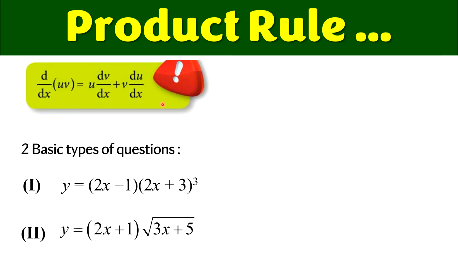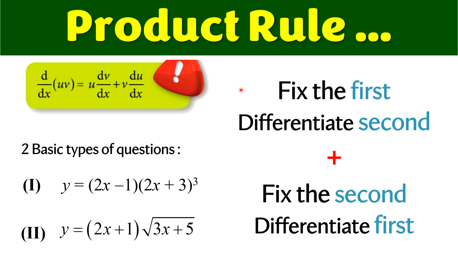So if you look at the product rule, it goes by u dv/dx plus v du/dx. Now what does this mean? It simply means that I am going to fix the first and then differentiate the second. So if I have two terms, I have the first term which is u, and then I differentiate the second term which is v prime.